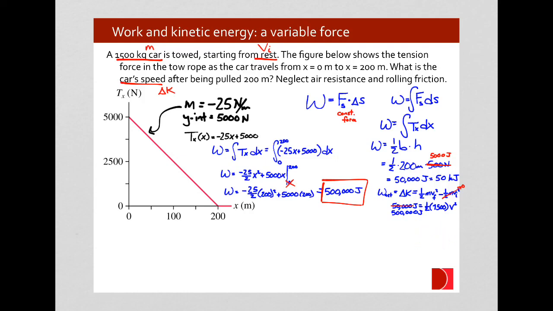When we take our new, correct value, we end up with the velocity being 25.82 meters per second. Again, using sig figs, we can simplify that to say that the velocity is 26 meters per second.